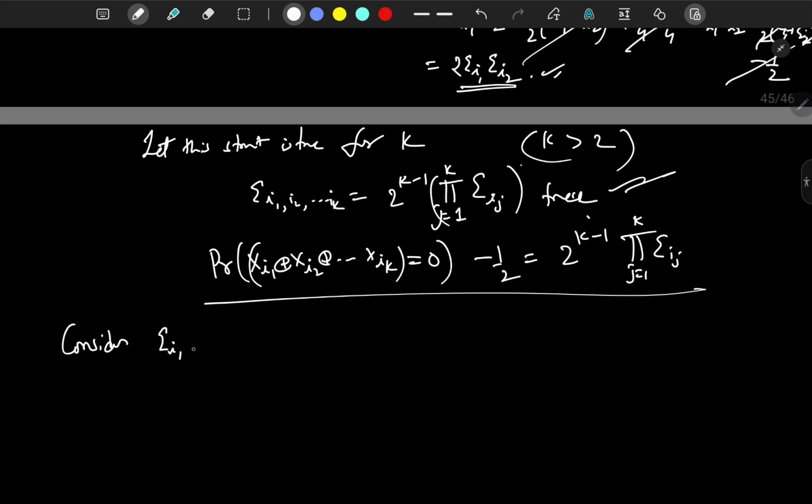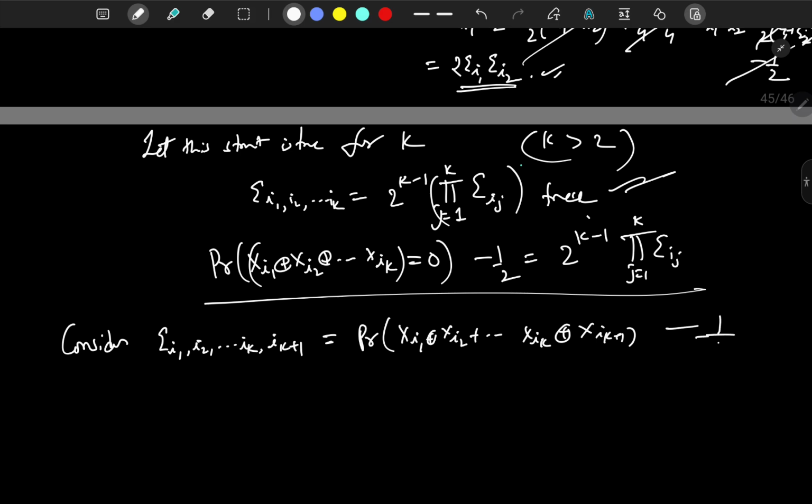Consider epsilon of I1, I2 and so on, I(k+1) also. So this can be treated as epsilon of X(I1), X(I2), ..., X(Ik), X(I(k+1)) equals minus 1 by 2.